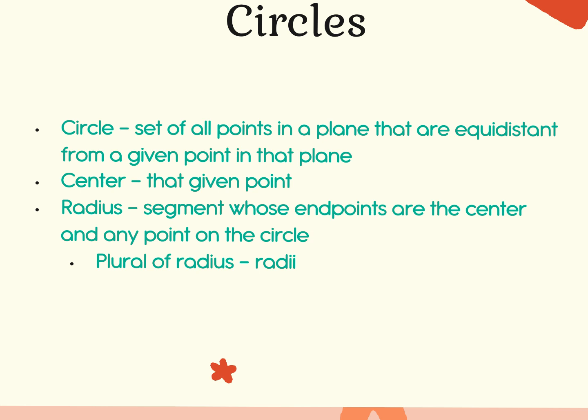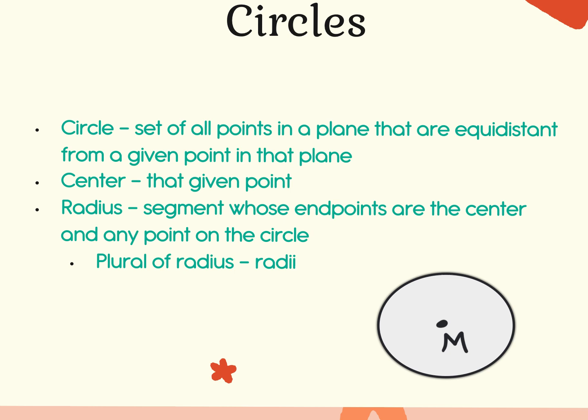So I'm going to go ahead and draw a circle. I'm going to add in the center point, and it can be named with any capital letter. It's any point in the middle of the circle. So this is the center point.